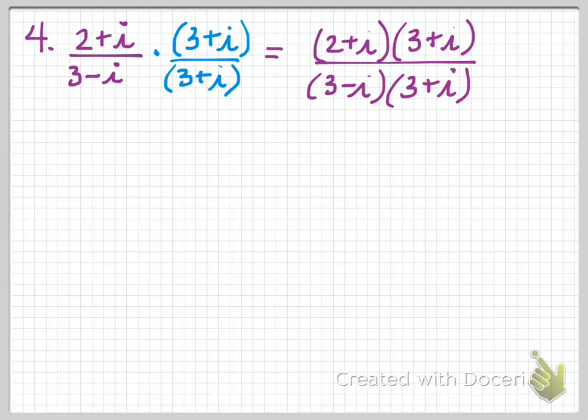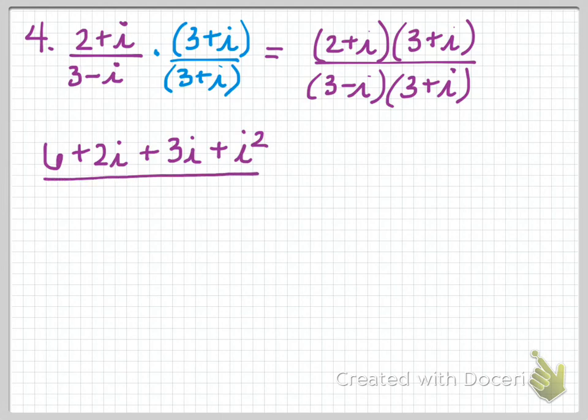And when we FOIL the top, 3 times 2, 6, plus outer, so 2 times i is 2i, plus inner, 3 times i is 3i, and last, i times i is i squared, over 3 times 3 is 9, outer, plus 3 times i, 3i, inner, so 3 times negative i is minus 3i, and last, minus i squared.